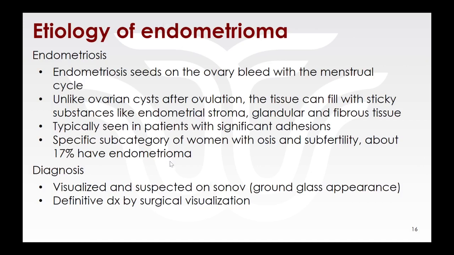Etiology of endometrioma, we kind of talked about that. They do have a very specific appearance on ultrasound, but a definitive diagnosis is by surgical visualization. These are often called chocolate cysts. If you've ever seen one in the OR, you know exactly why.